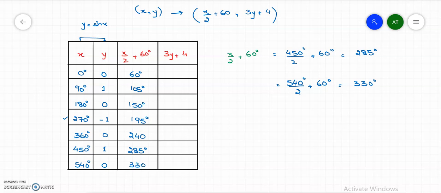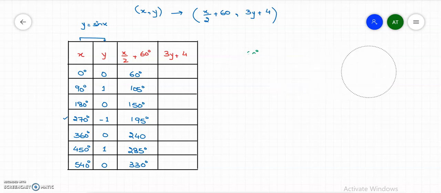Okay, so we have got the transformed x values. Moving to the transformed y values, we have to do 3y plus 4 for the last column. The first y value is 0, so we do 3 times 0 and then plus 4. 3 times 0 is 0, so we have just 4, right?